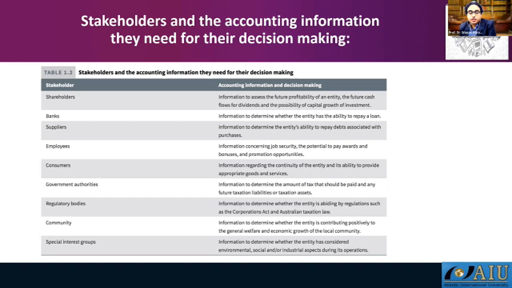Regulatory authorities and communities would like to know how generously the entity is contributing to the social welfare and the economic prosperity of the local communities where they're working. And this is a table which would help you understand why they need this accounting information.